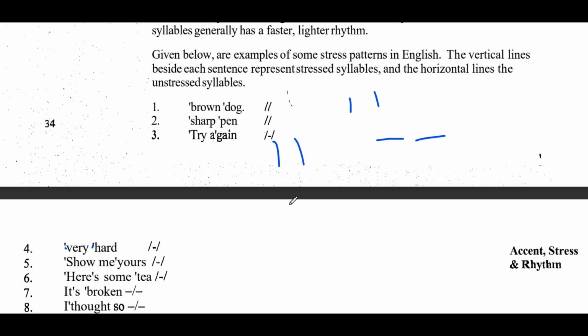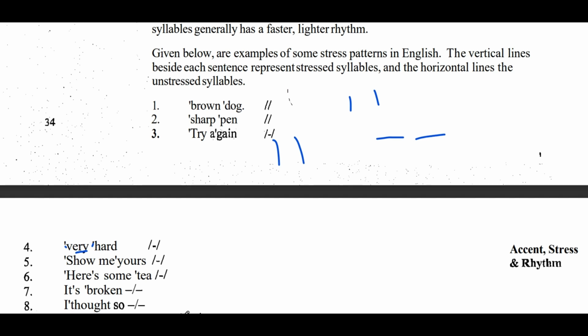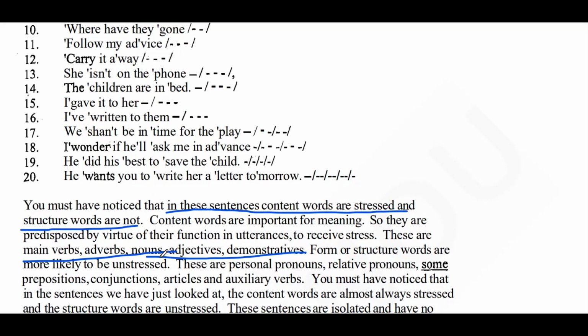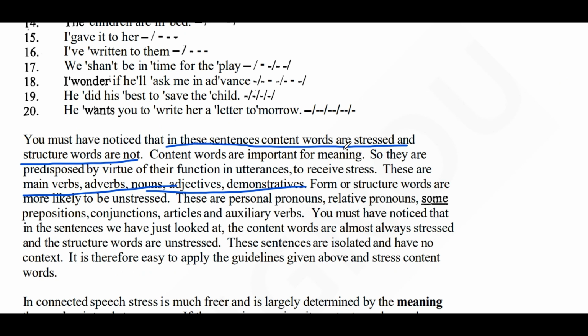So we have to focus on these lines. For example, very, very hard, or here's some tea. If I see these lines, here's is stressed, some is not stressed, and then again tea is stressed. So here's some tea. This is how you will speak this sentence.